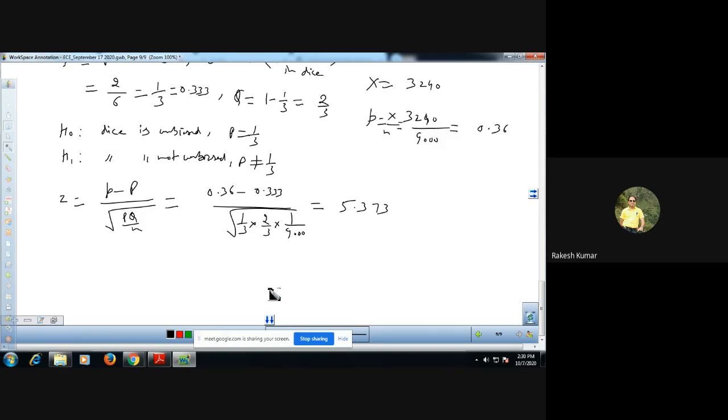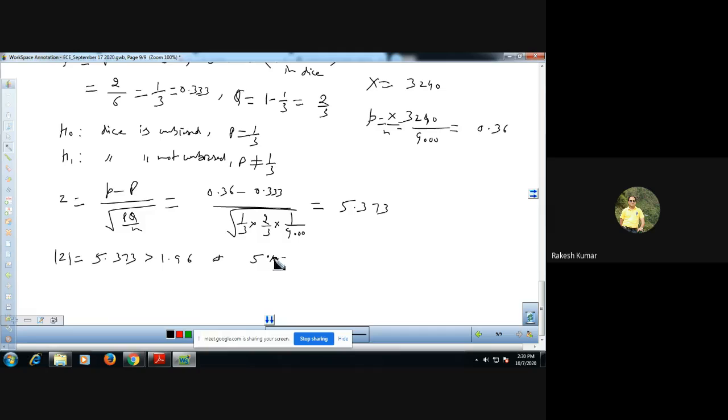Now again the level of significance is not given. For the conclusion, Z modulus has been calculated as 5.373. No level of significance is given, which means you have to take the value at 5%. At 5% level of significance, this is a fixed value.